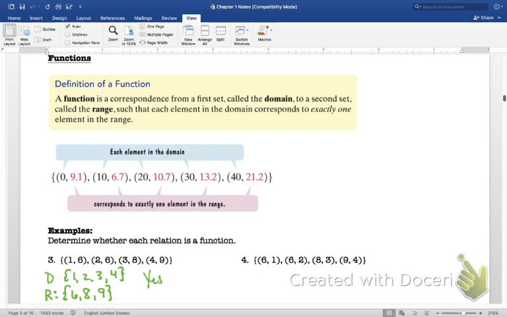This is okay to be a function. You can have repeating y values, or range values, but you can't have repeating x values unless they have the same output. If you and somebody else work the same job and you both work 6 hours, you should get paid the same. There shouldn't be a different amount output.